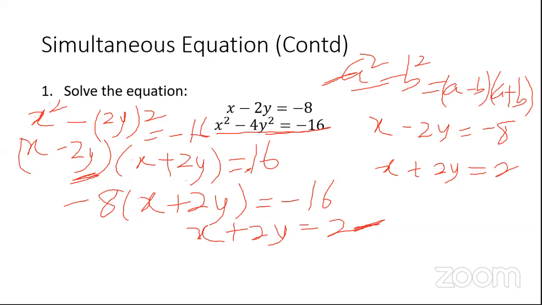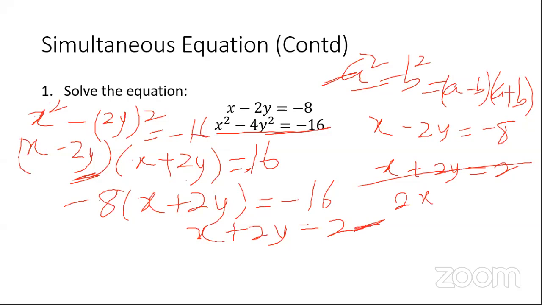It says that when you try to make the coefficients in both equations equal. So look at this one now, minus 2y, plus 2y. If I add the two equations together, x plus x will give me 2x.